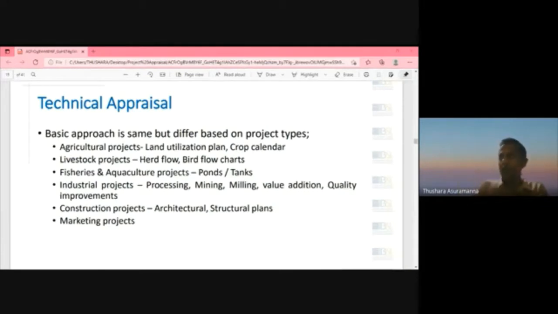If you are very good in agri and have done an agri degree, obviously you can handle so many projects, almost all projects with less complexity, right? If you are from an engineering background, obviously you are very good at industrial projects, like micro hydro, that type of thing. If you are a civil engineer, you are very good at construction related projects, with the ins and outs of the construction industry.